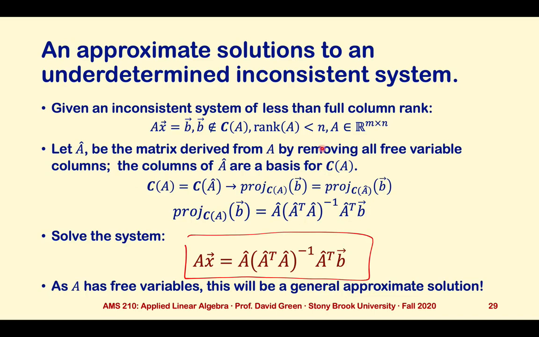We are not really going to be exploring these inconsistent systems of less than full column rank with these tools very much. Later in the class, really in the last section of the class, we will introduce the idea of the singular value decomposition, which gives a cleaner way to look at these kinds of systems.